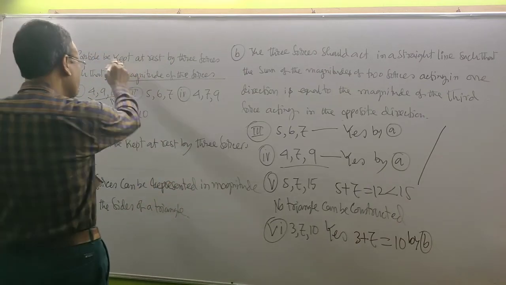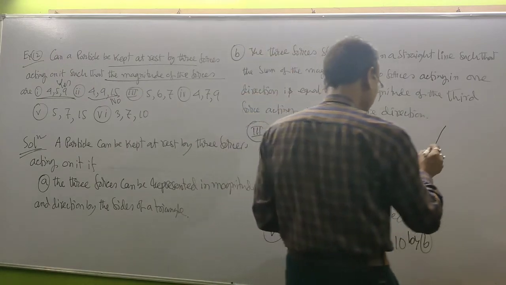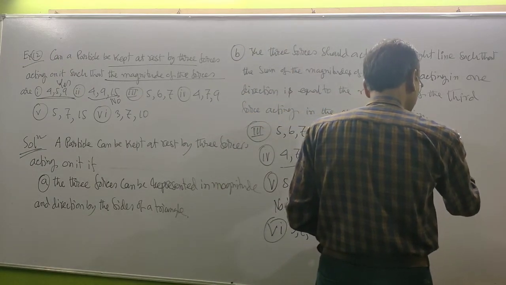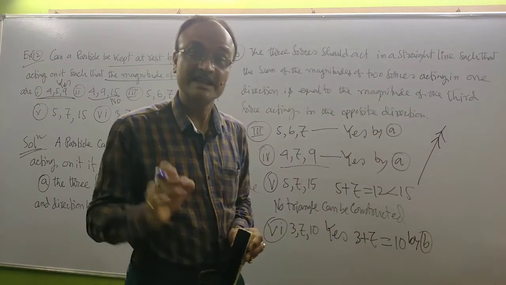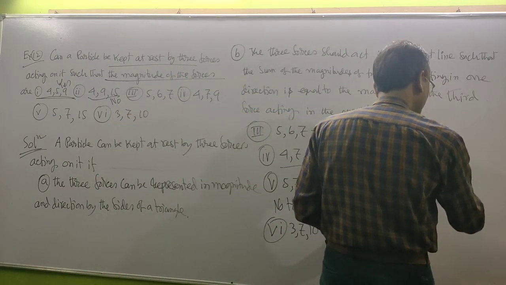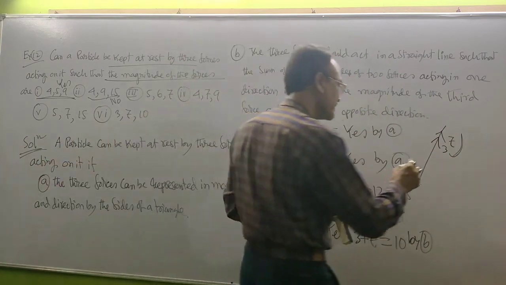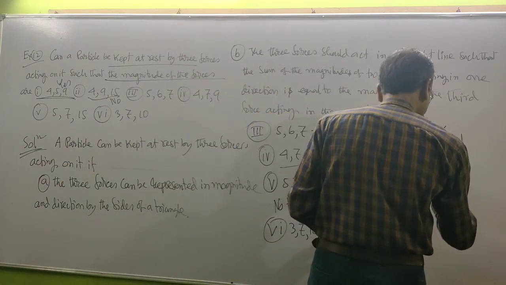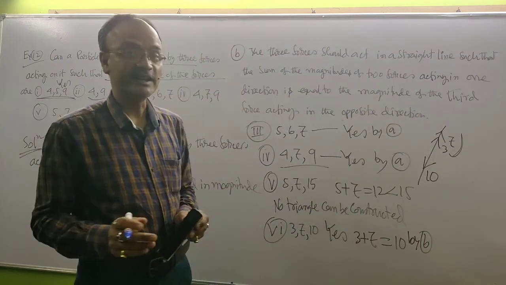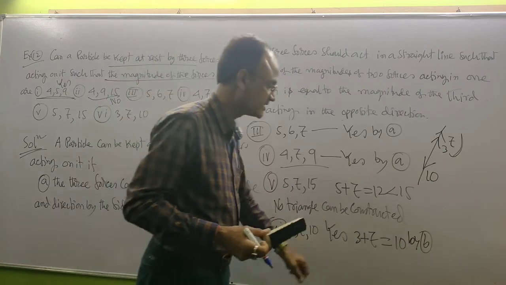It can keep at rest, because 3 and 7 are acting in one direction in a straight line, the resultant of 3 and 7 is 10, and the third force 10 is acting in the opposite direction, in the same straight line. Therefore, it is yes.